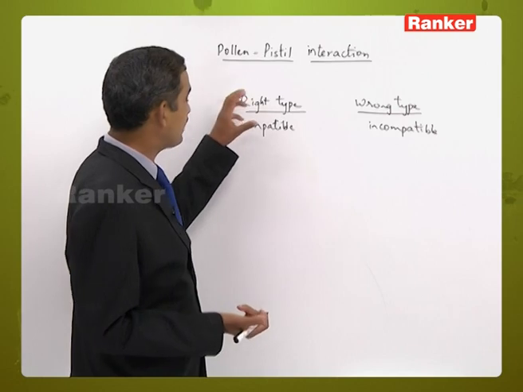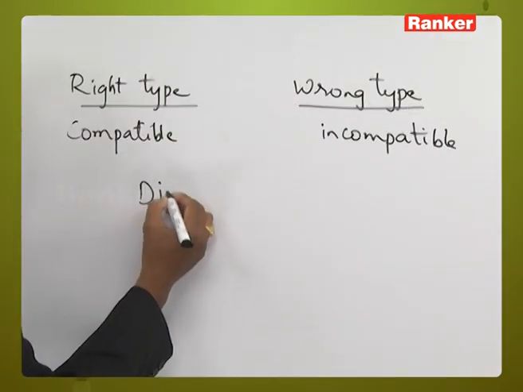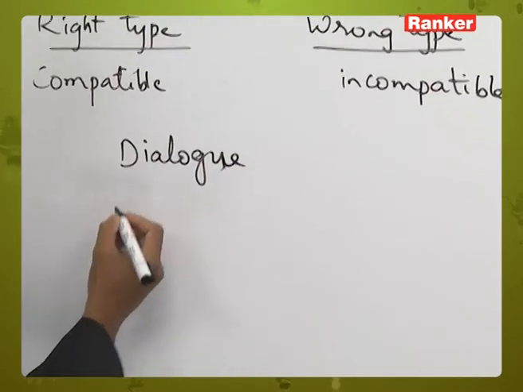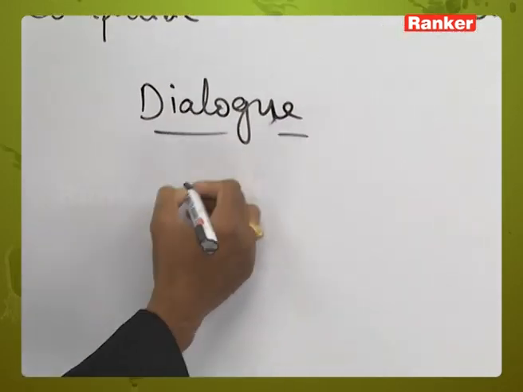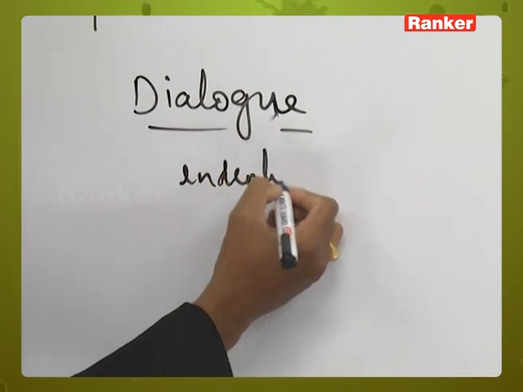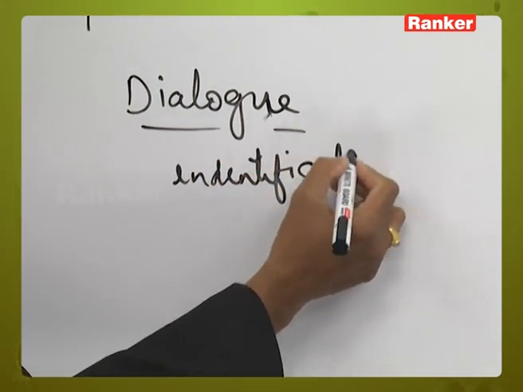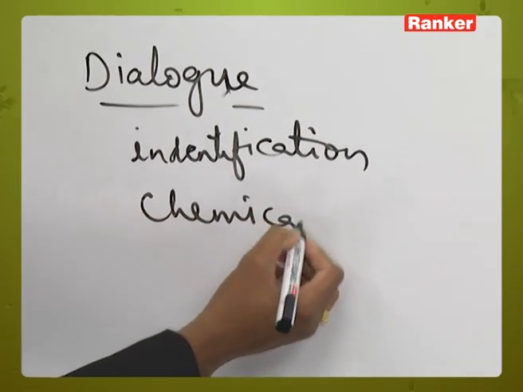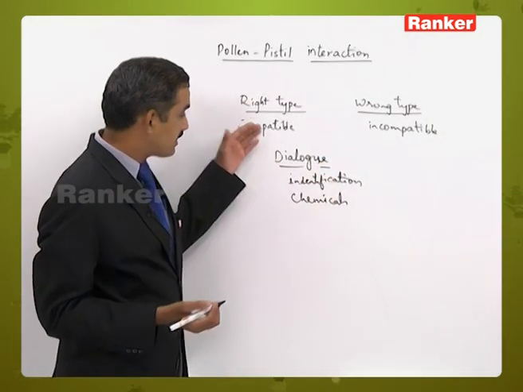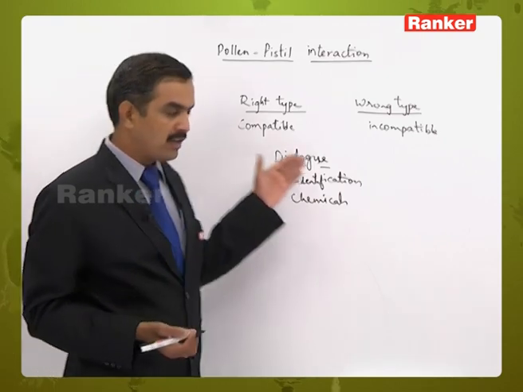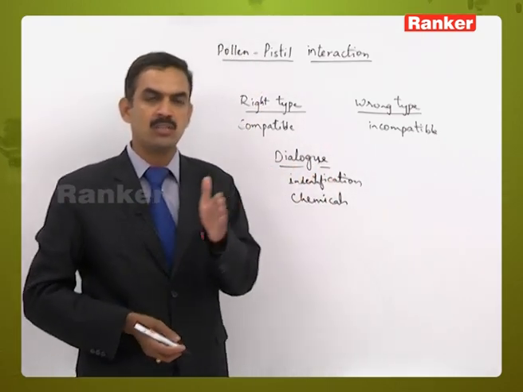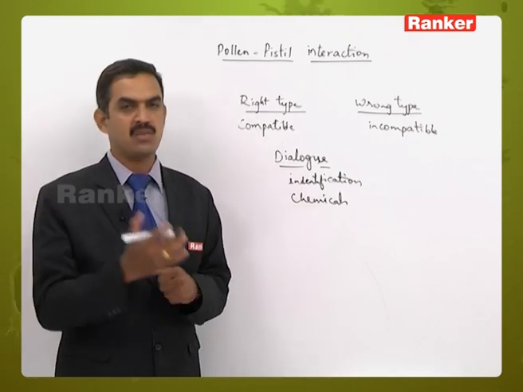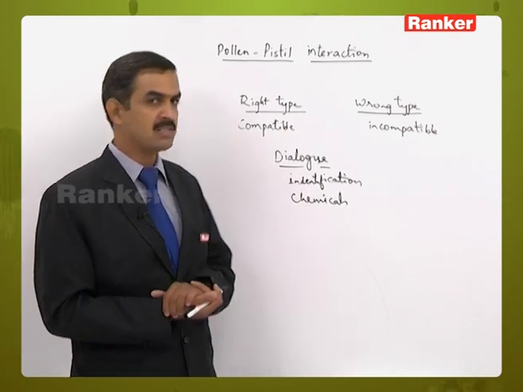So, this is how the dialogue helps in identifying the right type and the wrong type of pollen grains, and it is mediated by chemicals. All this process, which initiates and continues pollen tube formation until the initiation of fertilization, is part of the pollen-pistil interaction.